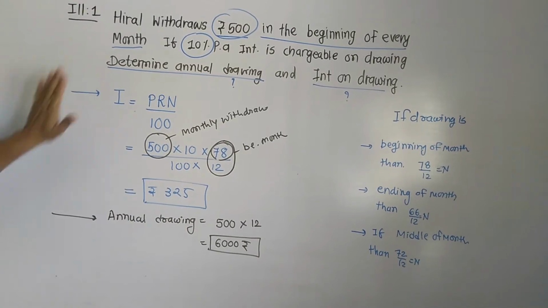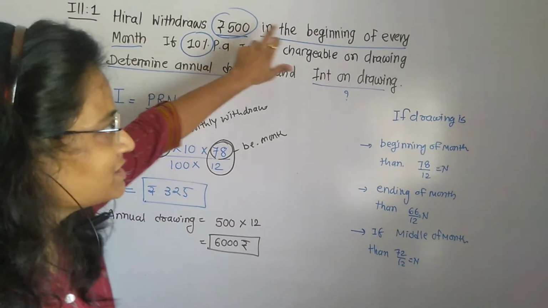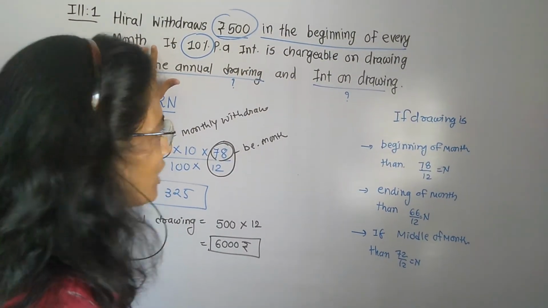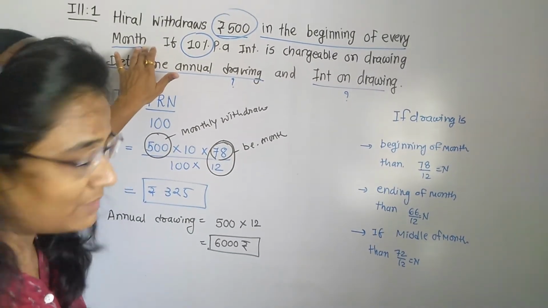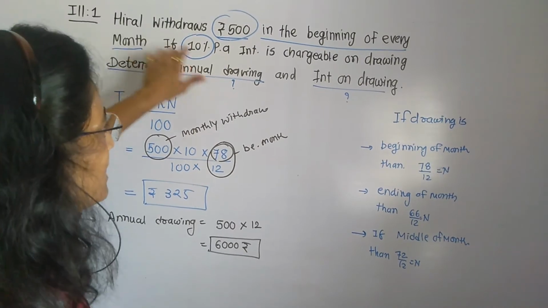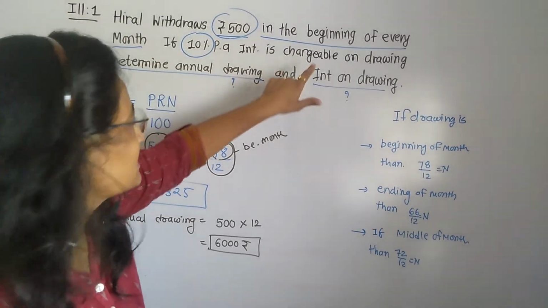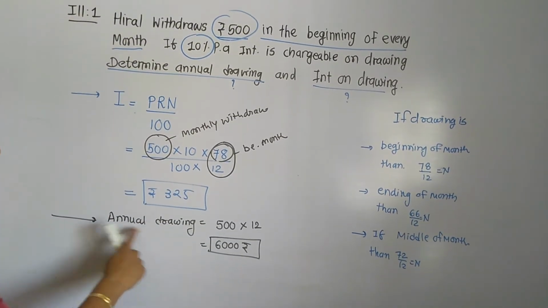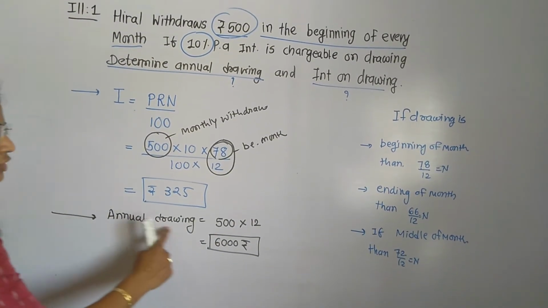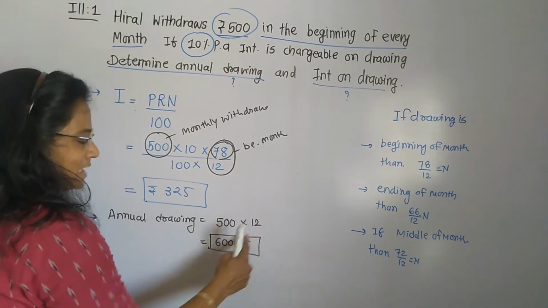Once again, here we withdraw 500 rupees in the beginning of every month. It means we have P on the monthly basis. R is equal to 10% chargeable on drawing. Annual withdrawing means total withdraw for whole year. Total withdraw means 500 monthly into 12, 6,000.